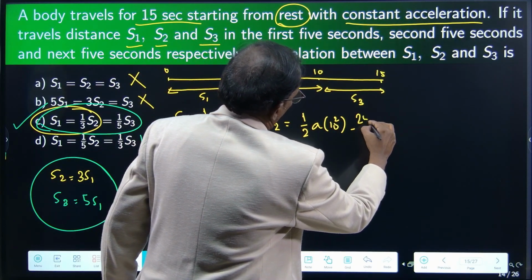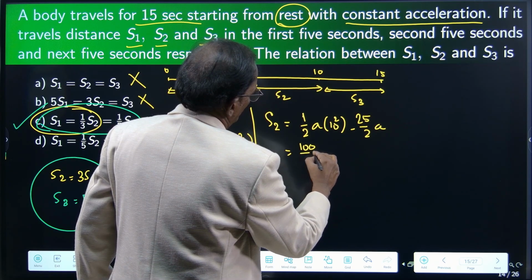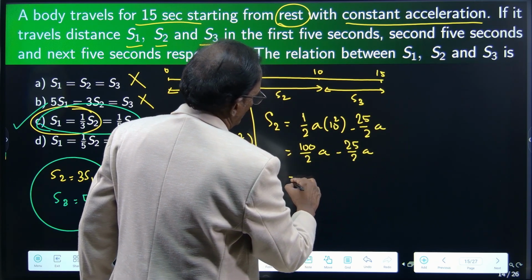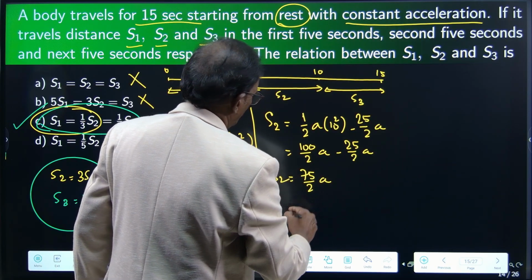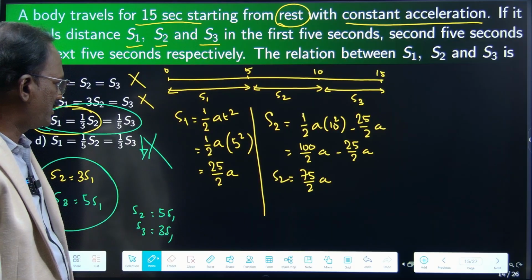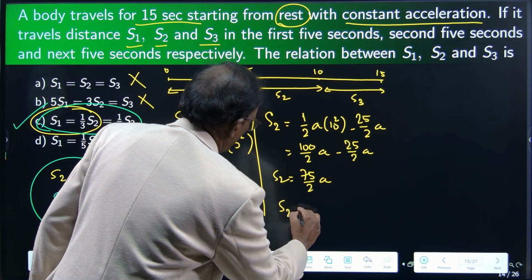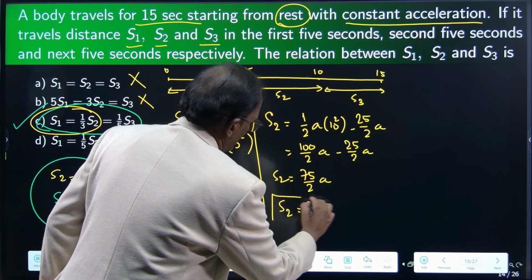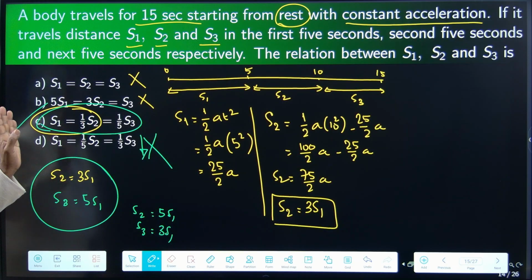So this is 25 by 2a. So this is 100 by 2a minus 25 by 2a. So 75 by 2a. This is S2. So this is 75 by 2a, this is 25 by 2a. So S2 we can write as 3 times of S1. If you cross multiply, S2 is equal to 3 times of S1.